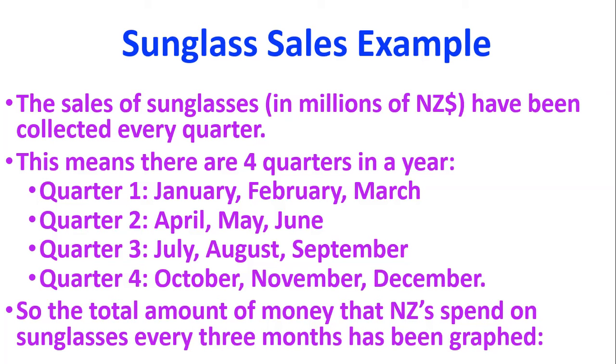If I'm referring to quarter 1, it would tell me the total amount of money spent on sunglasses for the months of January, February, and March combined. So it's a data value per quarter, where each data value is the amount of sales per quarter.